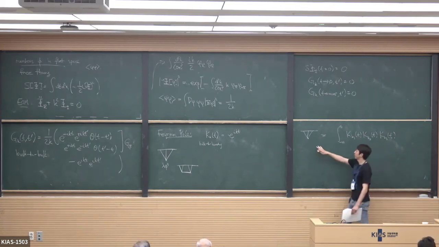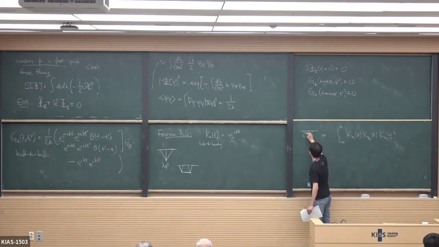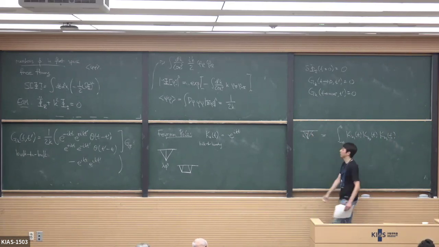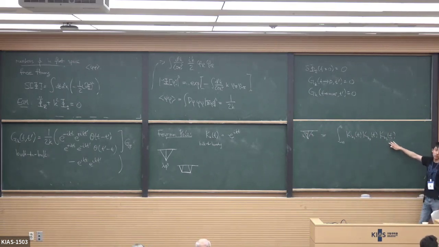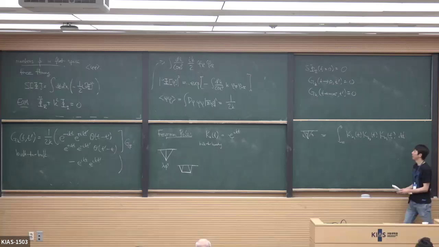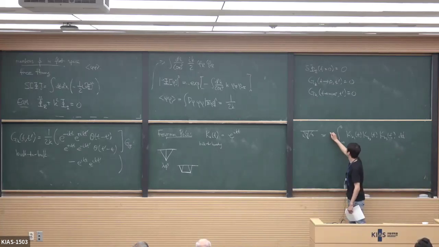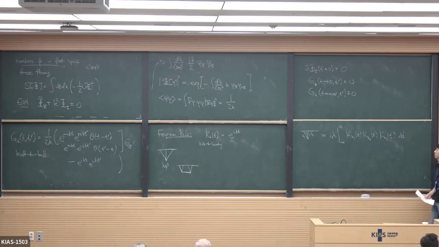I'm associating these external lines with 3 different momenta, k1, k2, k3. If you want to compute this contact 3-point function, you just take the product of these bulk-to-boundary propagators and then integrate over time. And then you can have some i lambda as the overall prefactor.